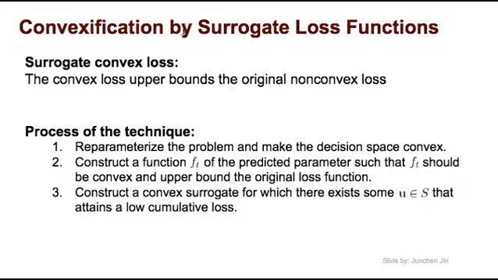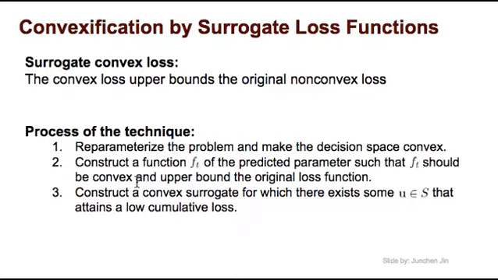Another way to do convexification is using a surrogate loss function. The idea here is to bound an original non-convex loss function by constructing an upper bound that is a convex loss function. So there is a procedure to do this. We basically reparameterize the problem and include different parameters.